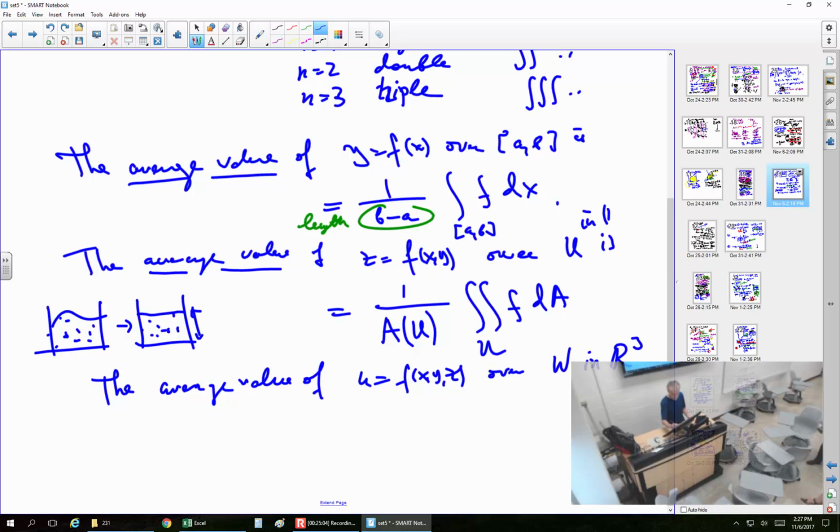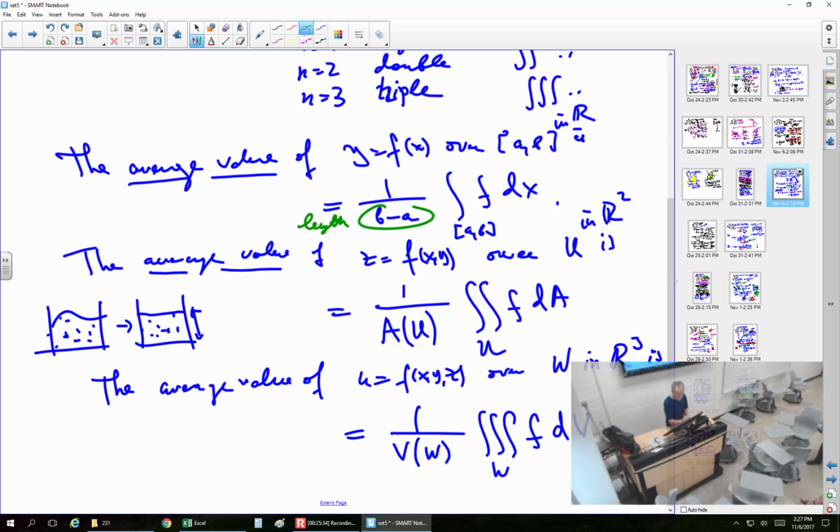So this was in R2, and this interval naturally was in R. Once again, we know where we're going: the volume of that region, and the triple integral over W of f dV, which is our triple integral of a function of three variables. It looks very similar. This is just to remind you that this is the area and this is the volume.